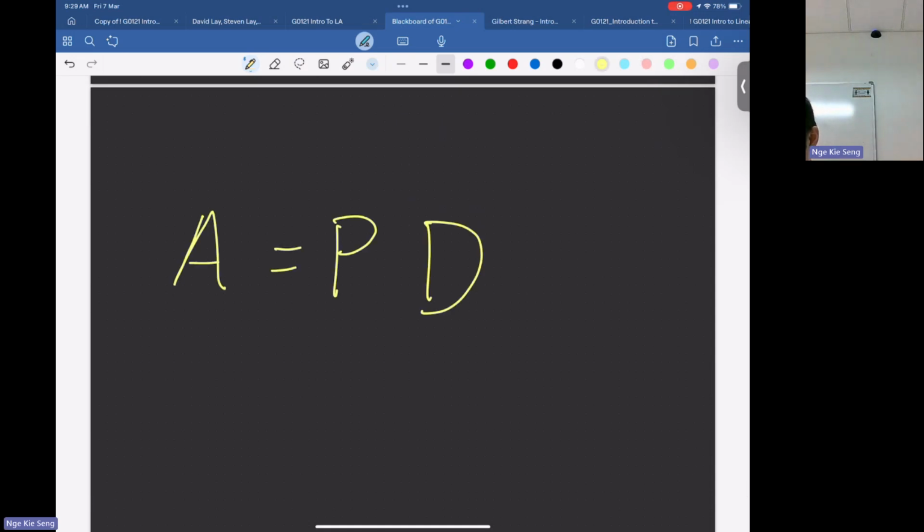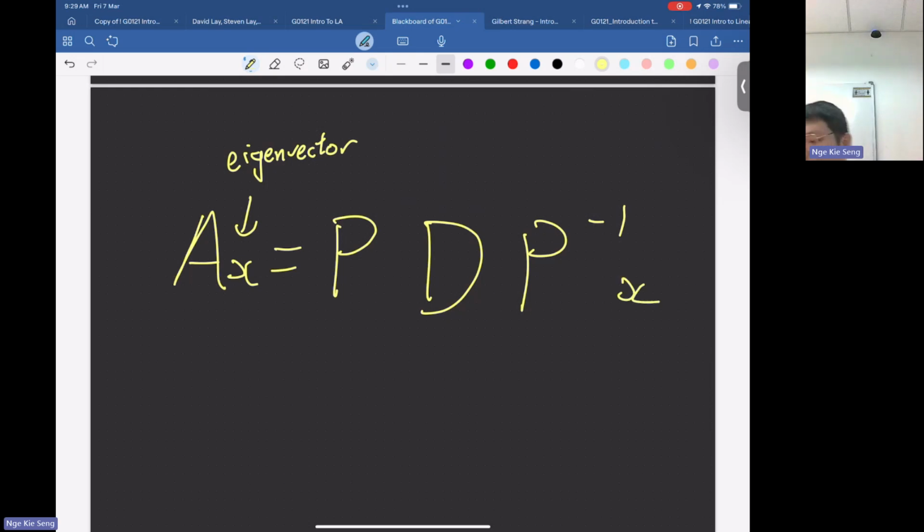Let me write this down again. Let's say you have an eigenvector here, and you apply on an eigenvector. After going through this P inverse, it will send you to the standard basis.